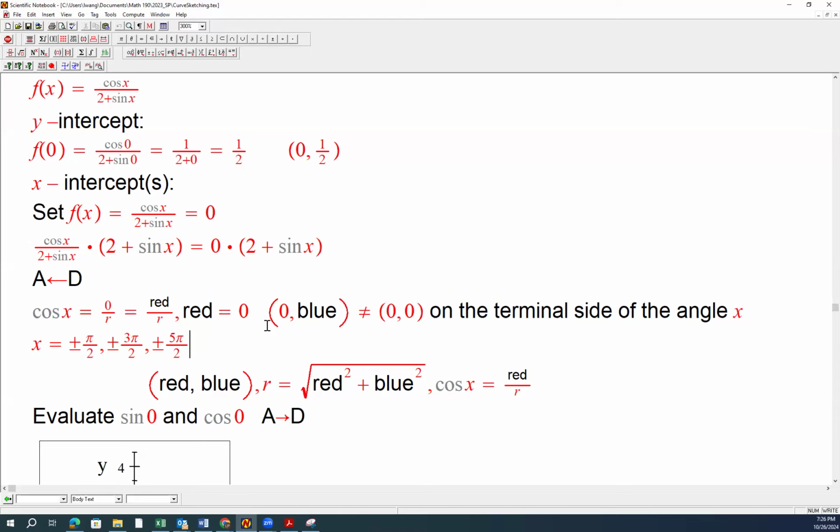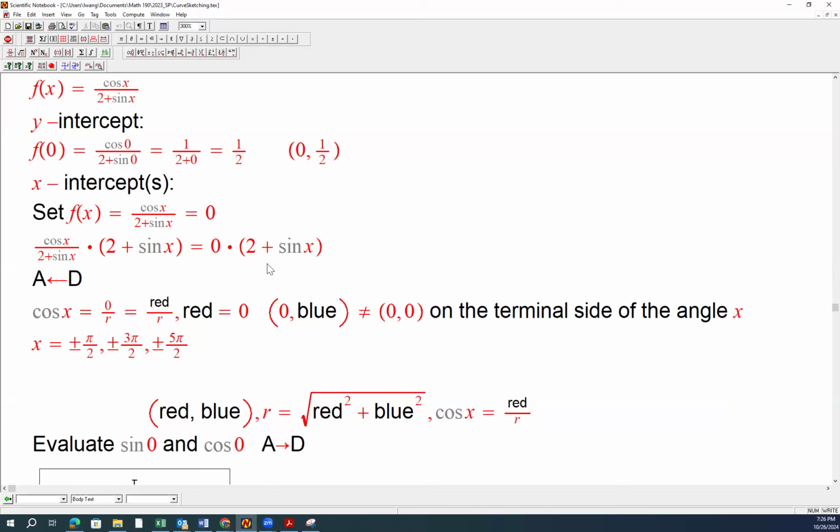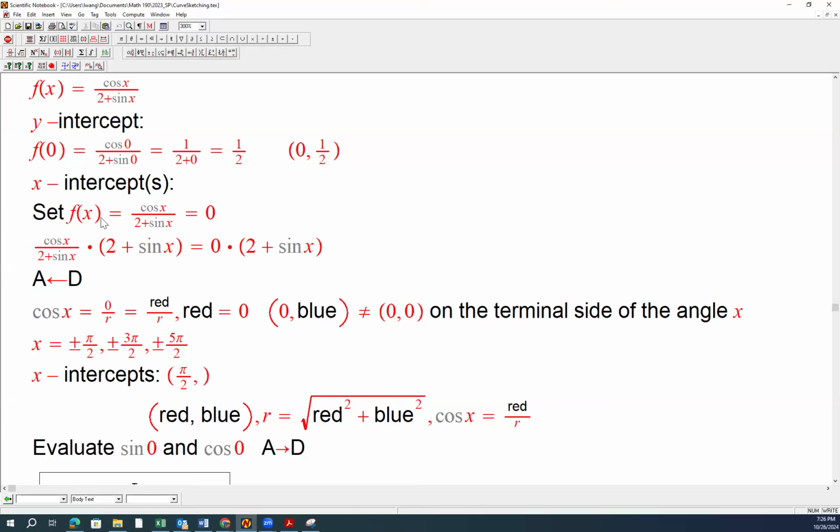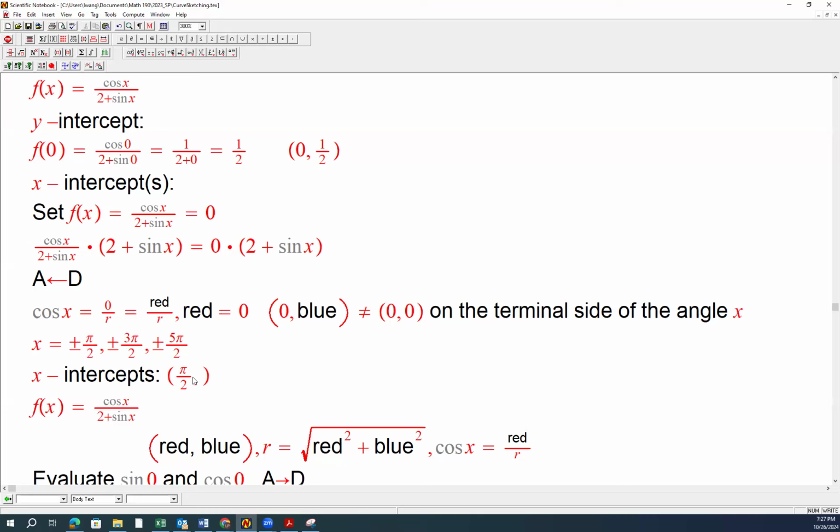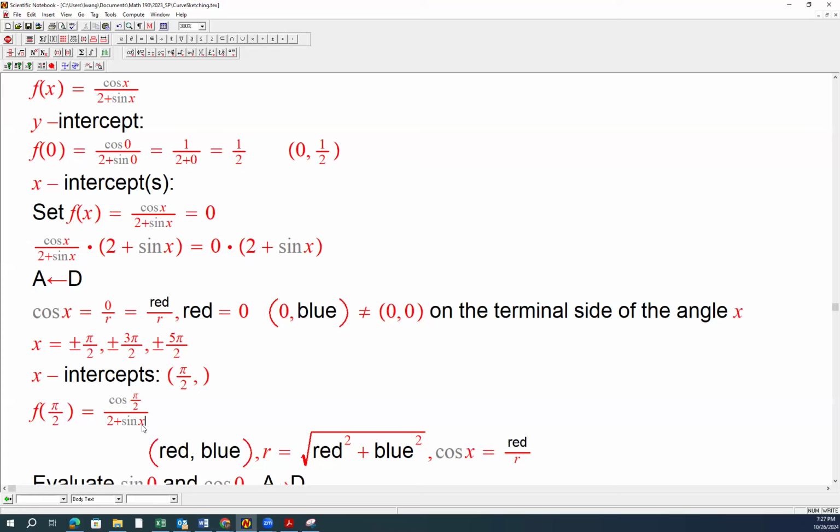So if we are to list those x-intercepts, when x equals pi over 2, we plug in here, pi over 2 as the input, and this will be pi over 2, and that will be pi over 2.